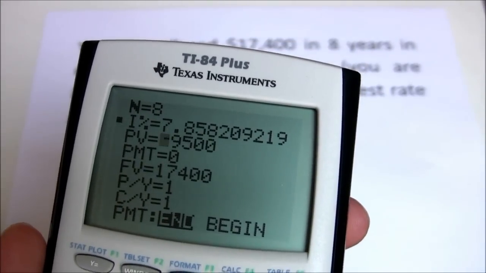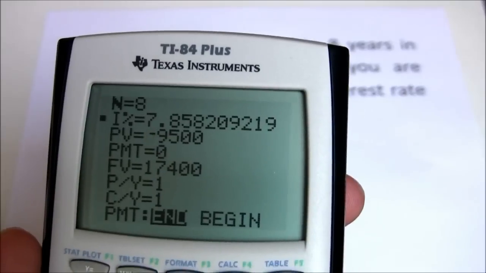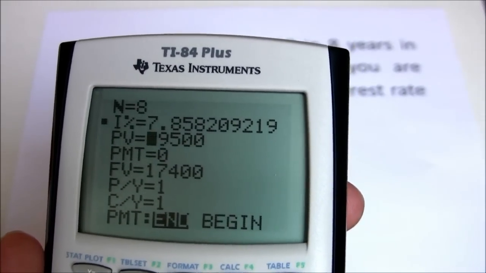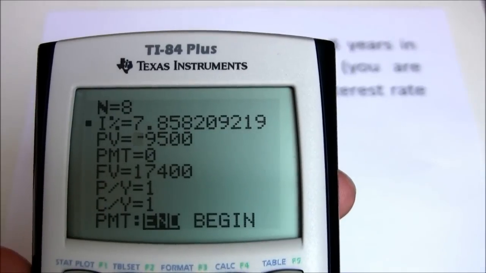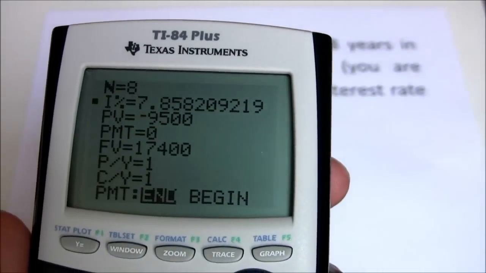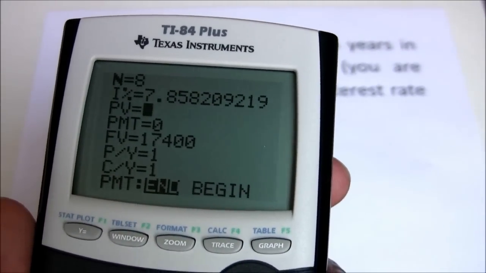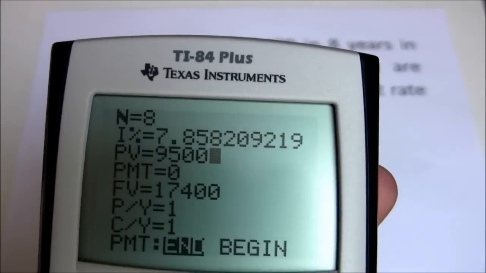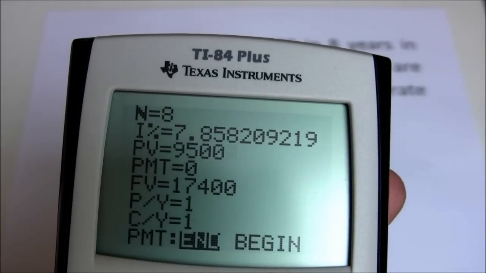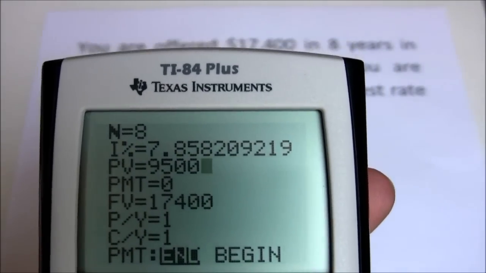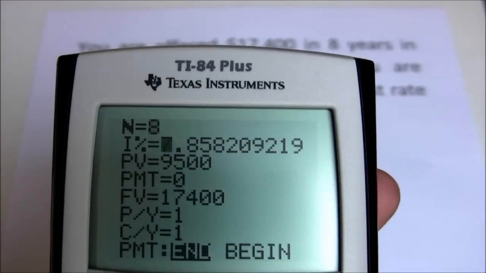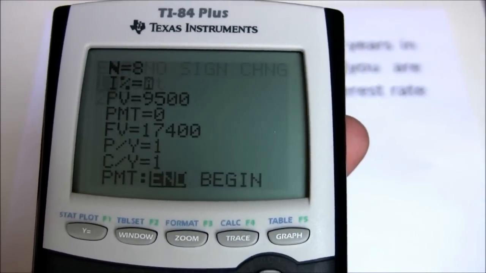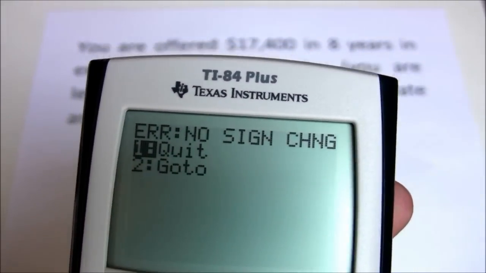Now I want to do one little thing here just to show you something to watch out for. What if I, instead of making that present value negative, I entered both the present value and the future value as positive values? So I made that 9,500 present value, 17,400 future value. Now let me go up to interest rate and clear that out, alpha solve, and I get an error.